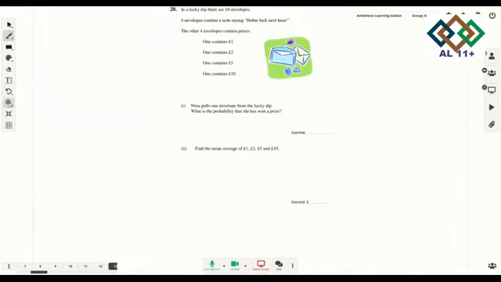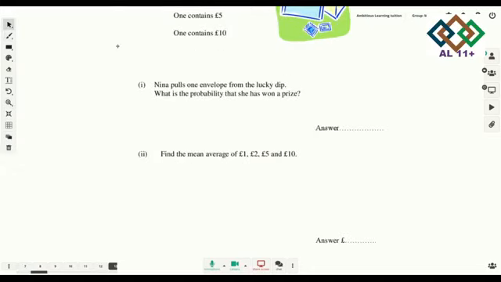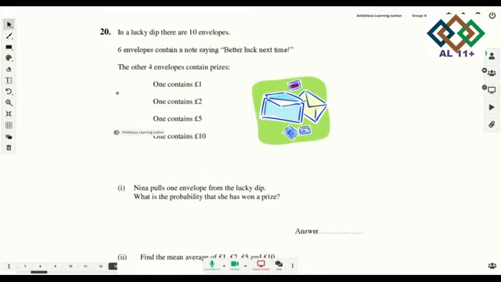And let's zoom in. Okay, now in this they are saying that in a lucky dip there are 10 envelopes. 6 envelopes contain a note saying better luck next time. The 4 envelopes contain prizes. 1 contains £1, 1 contains £2, 1 contains £5, and 1 contains £10. Neela picks 1 envelope from the lucky dip. What is the probability that she might win a prize?